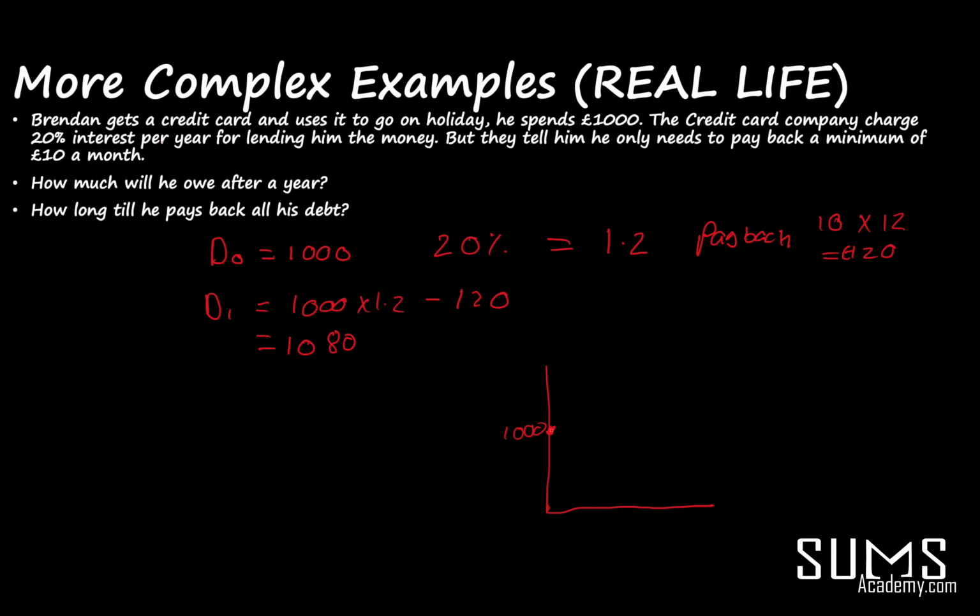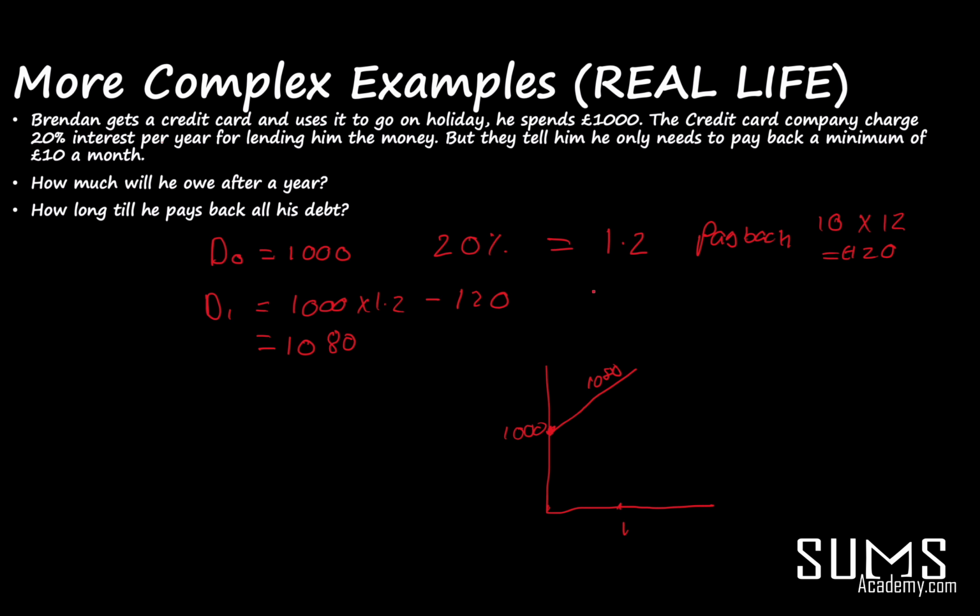So that means it's going to go like this. After year 1, it's going to be 1,080. I'm just going to work this out myself. So 1,000 pounds, and then I'm sticking this in the calculator, and then answer times 1.2 minus 120.